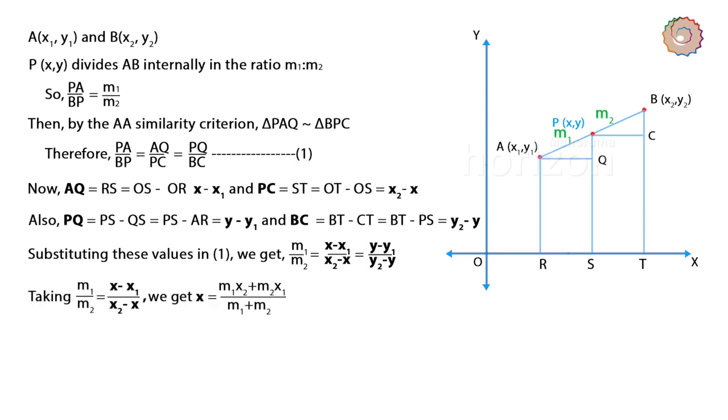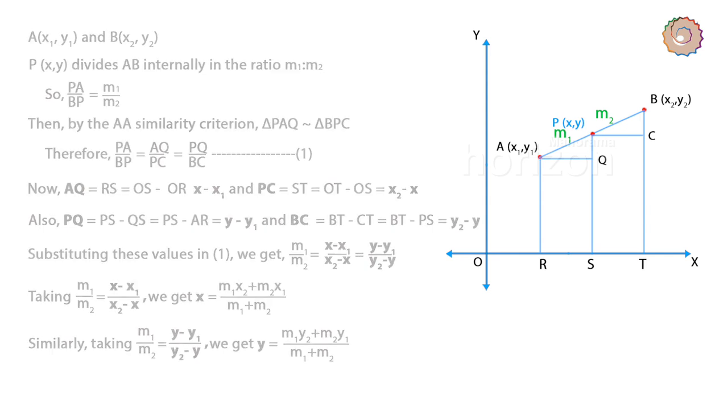Taking m1 by m2 equals (x minus x1) divided by (x2 minus x), we get x equals (m1 x2 plus m2 x1) divided by (m1 plus m2). Similarly, taking m1 by m2 equals (y minus y1) by (y2 minus y), we get y equals (m1 y2 plus m2 y1) divided by (m1 plus m2).